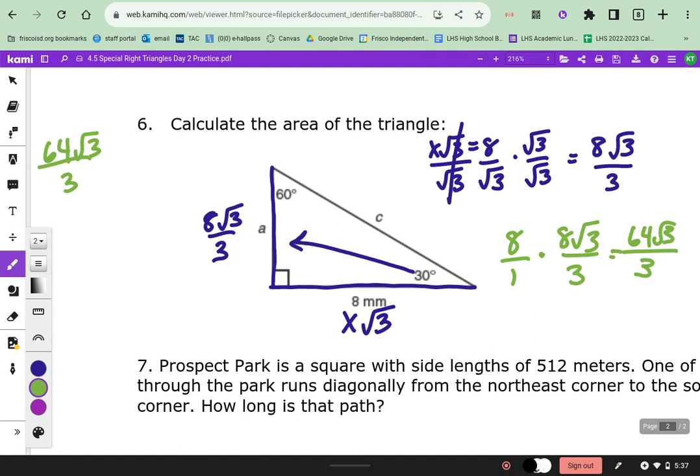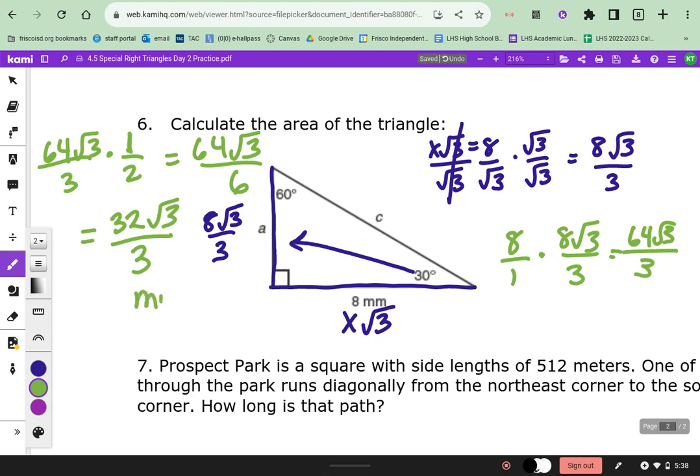So this is our base times height times 1/2. Let's do it this way. It's times 1/2, so 64 root 3 over 6. And let's see, 64 divided by 6, I can divide both of those by 2 to simplify a little bit further. So I can do, let's see, 64 divided by 2 is 32 root 3. 6 divided by 2 is 3. So my area of the triangle would be 32 square root of 3 over 3 millimeters squared.